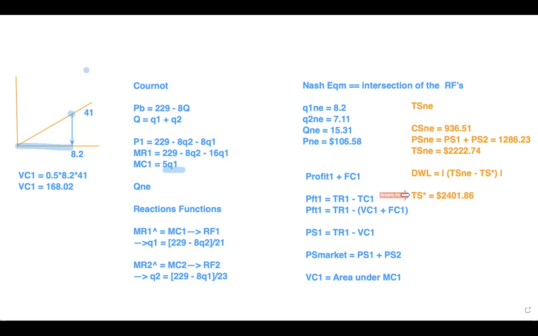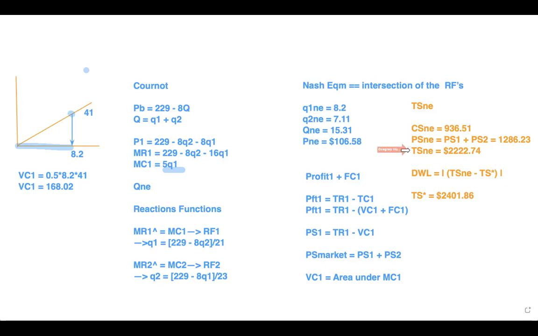But these firms, because they're Cournot competitors, only have a limited type of competition with just one another. They don't have to worry about other firms coming in and things like that. So the Nash equilibrium solution is a market power issue.